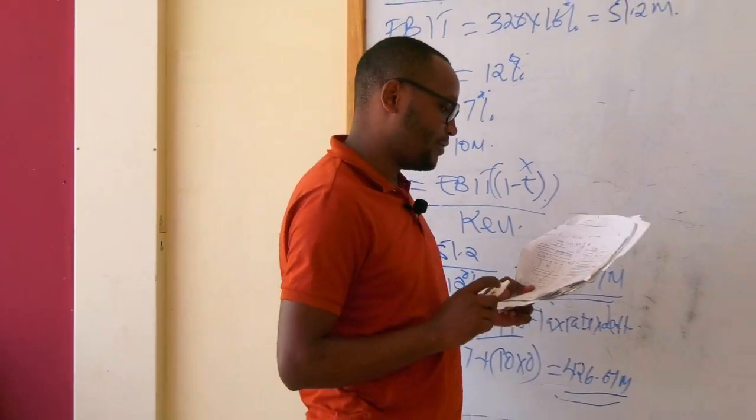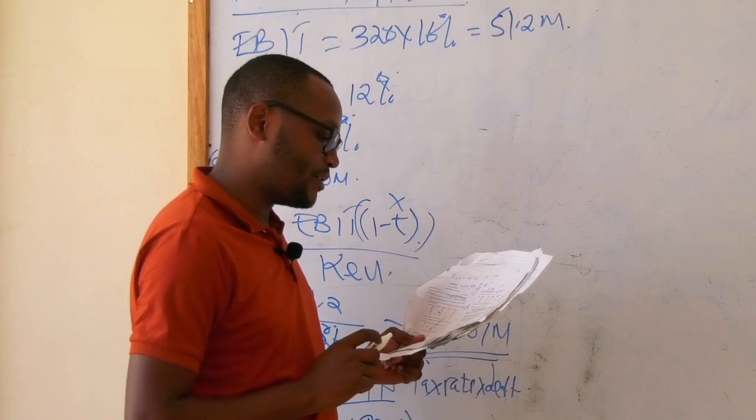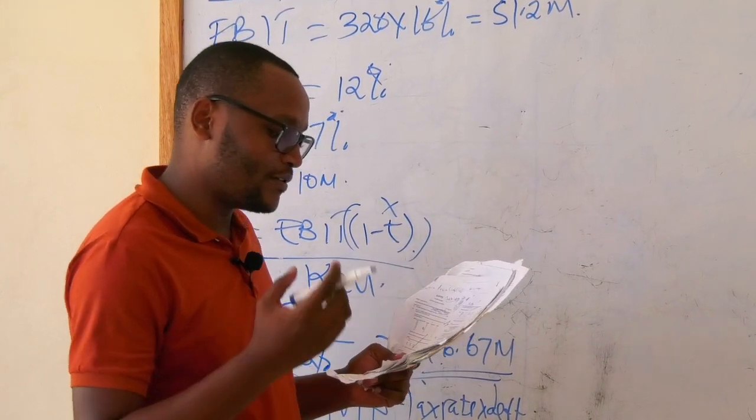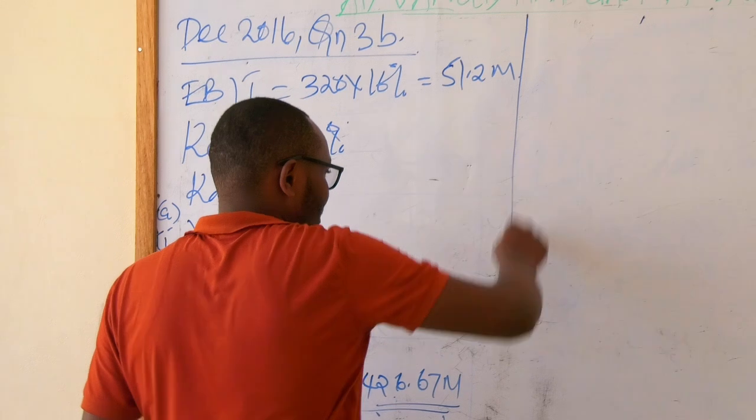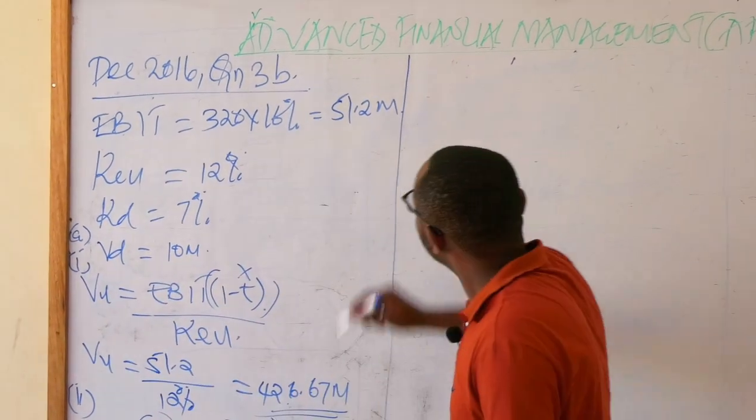Then we go to the weighted average cost of capital of the levered firm with a debt level of 7%. Here there is some little calculation.